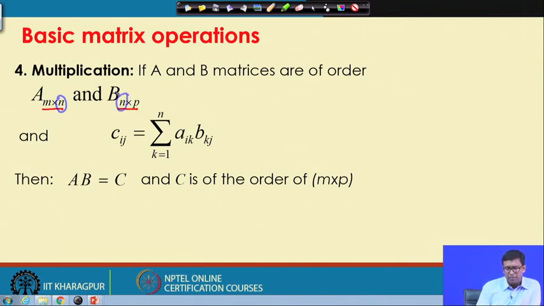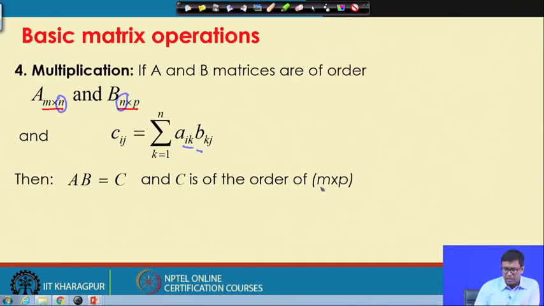Why? Because the resultant matrix will have one term which is the summation of each term of one row of the first matrix multiplied with each term of one particular column of the other matrix, and then we call A B is equal to C.